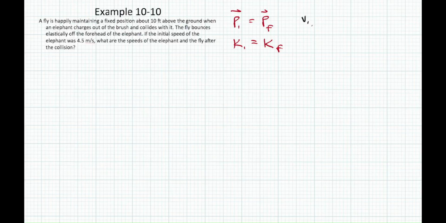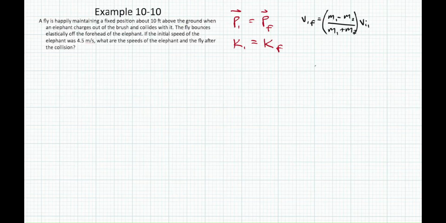The final velocity of object 1 is equal to (mass 1 minus mass 2) over (mass 1 plus mass 2), all that times the initial velocity of object 1. So that's for finding the final velocity of object 1.